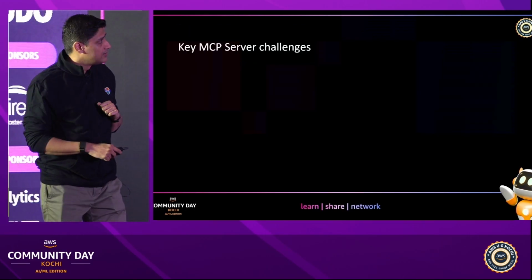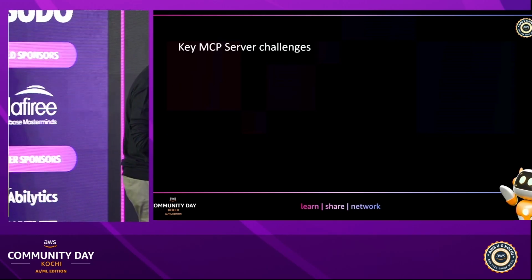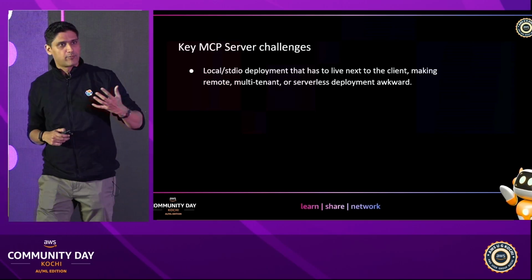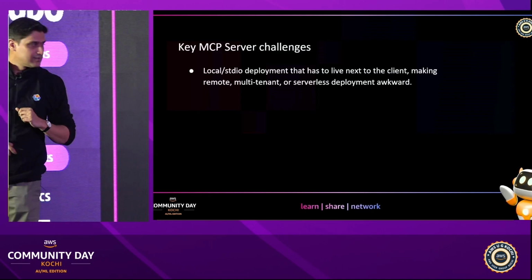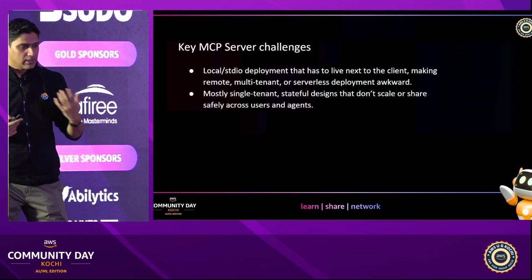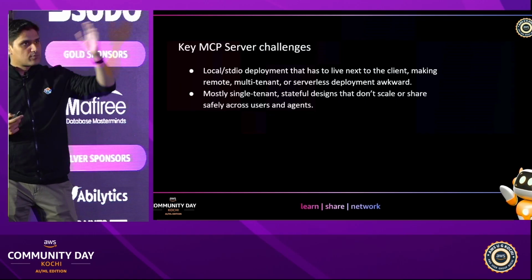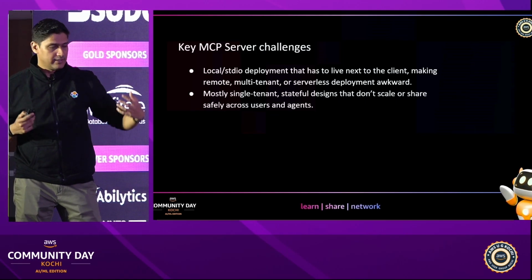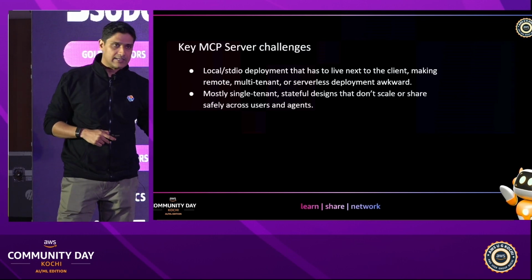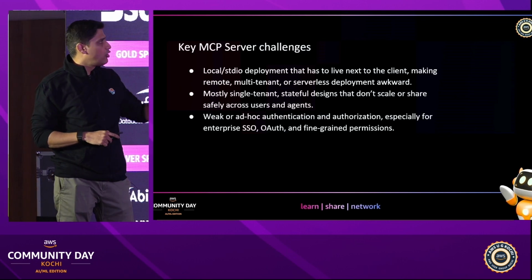Right? This is where there's a key MCP server challenge. How you're going to deploy is another challenge, the MCP server. You have to run those MCP servers in your environment. Sometimes a platform like Elastic exposes an MCP server, so you don't have to run it. But mostly it's single tenant. It's a stateful design, right? Weak or ad hoc authentication.